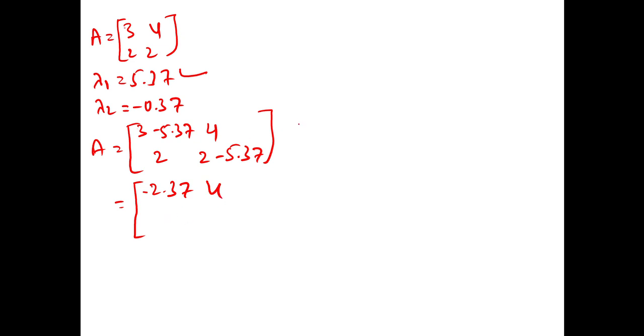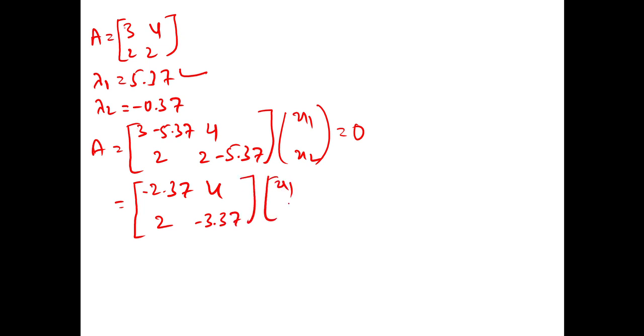So determining the eigenvectors x1 and x2, that will be equal to 0: 2, 2 minus 5.37, which is again minus 3.37, times x1 and x2, equal to 0.